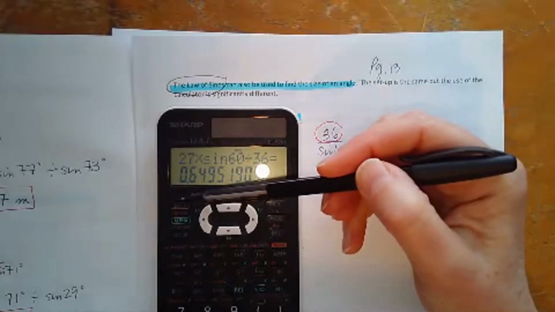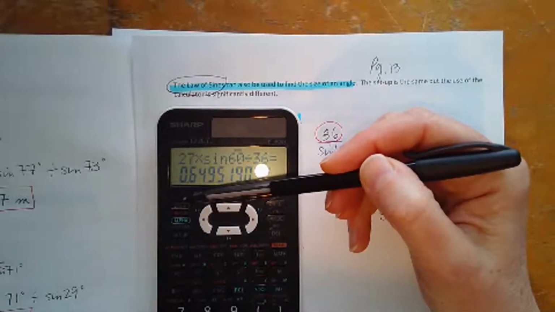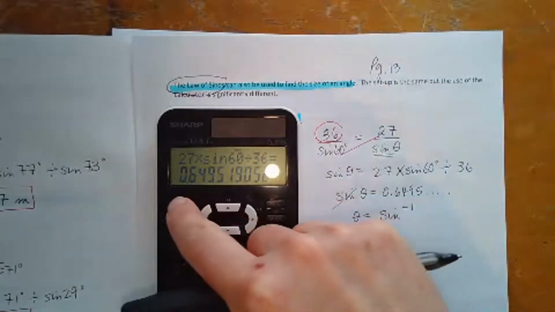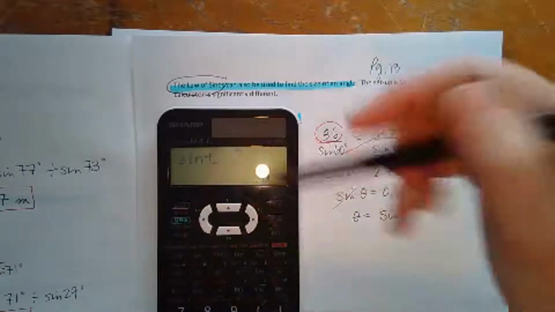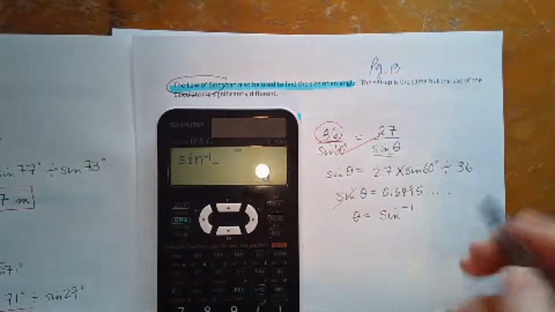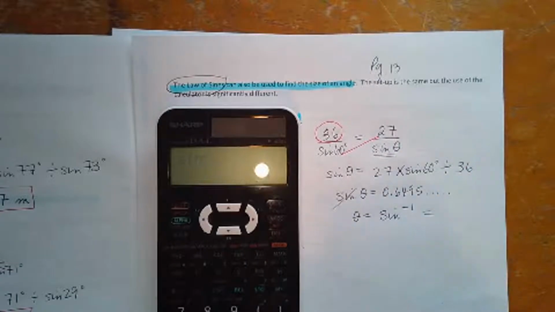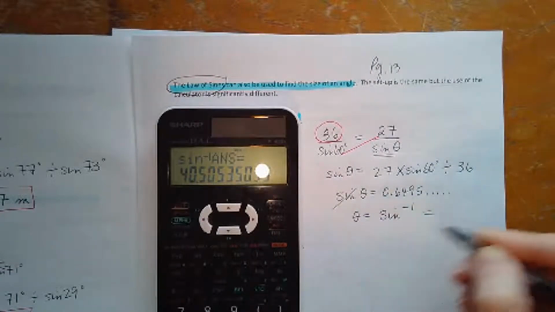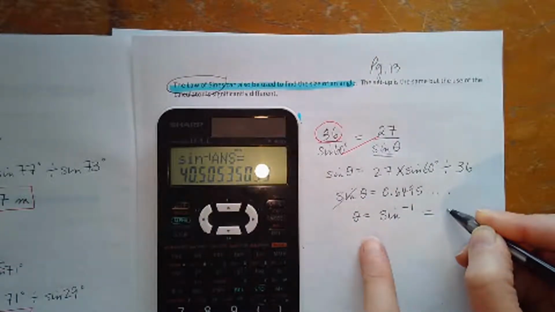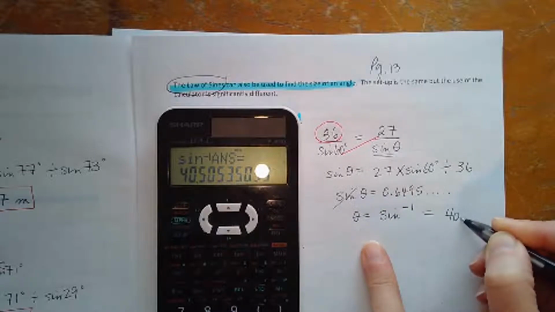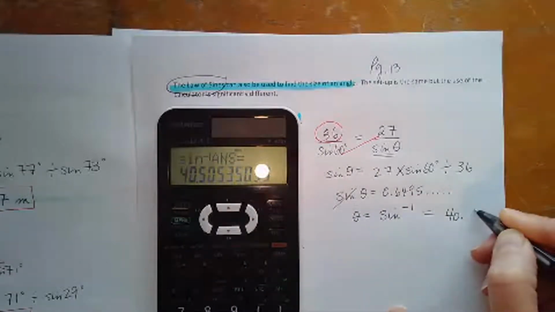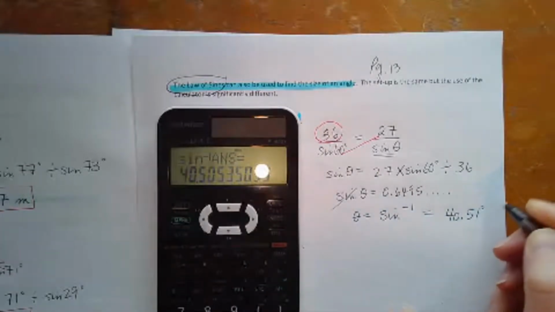Now yours might say shift. Mine says second. So all I do is hit my second sine button until I get this, and then I hit equals. And that gives me my theta. So theta equals 40 point, I guess I'm going to round to 2 decimals, 51 degrees.